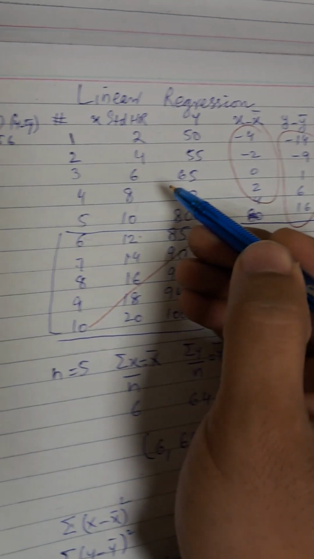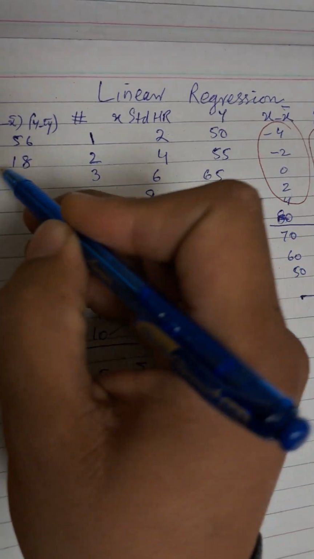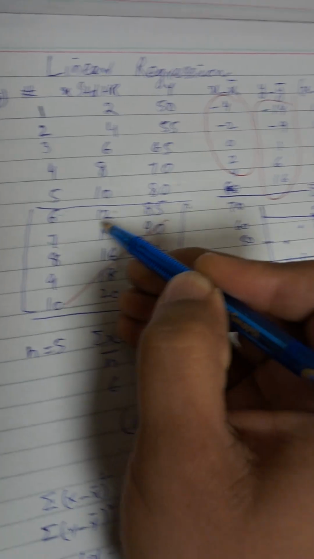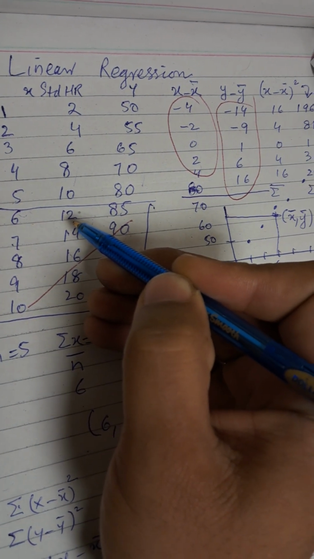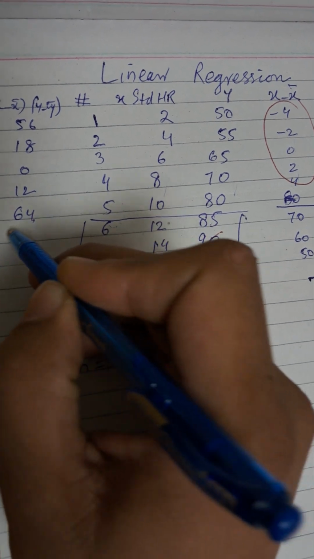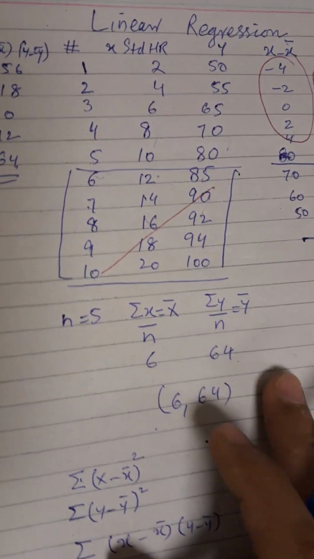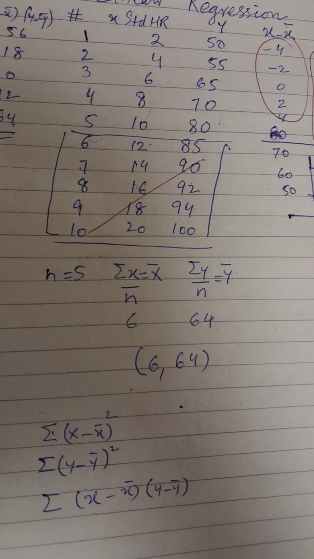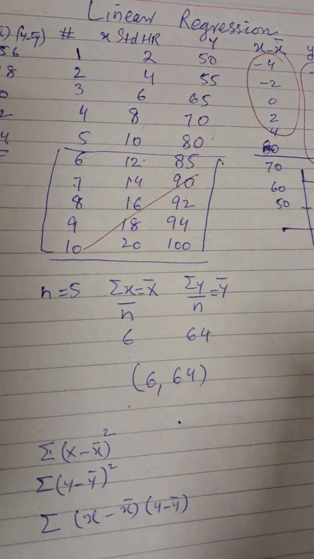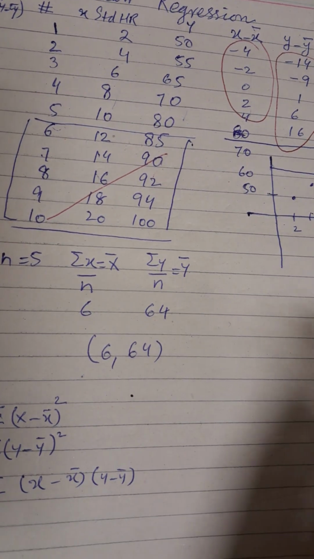For the next one, this is 18, and 0, and 12, and 64. We can of course sum them together and solve them, and we would have a very useful parameter.